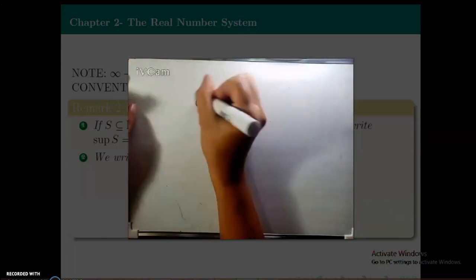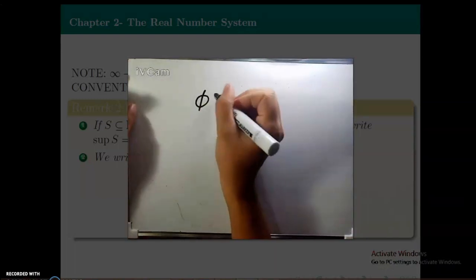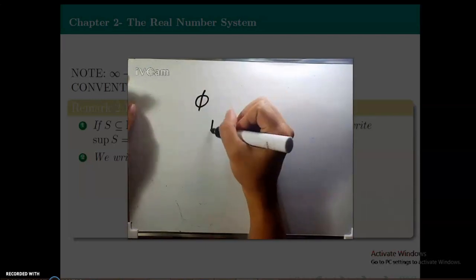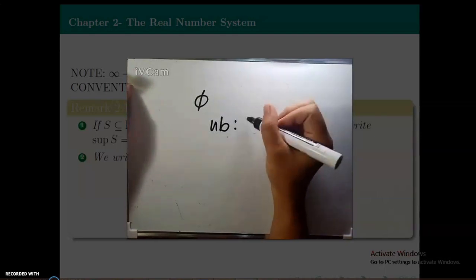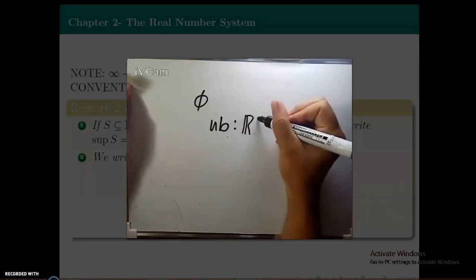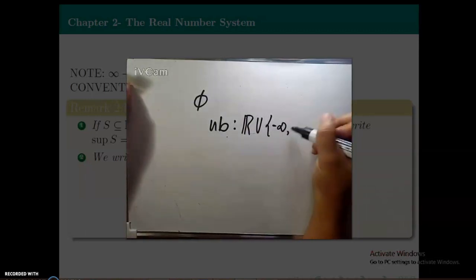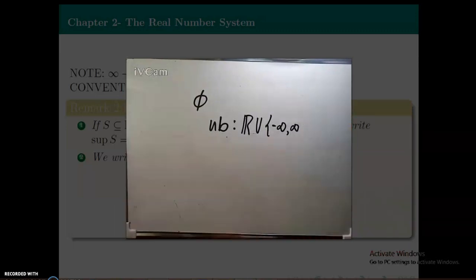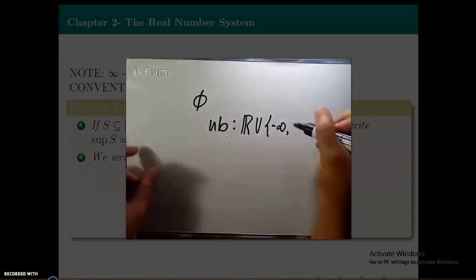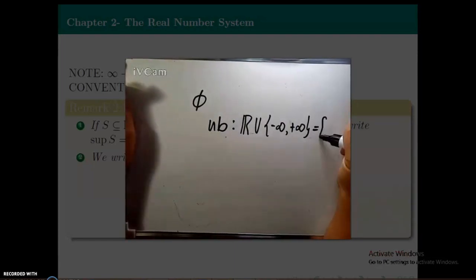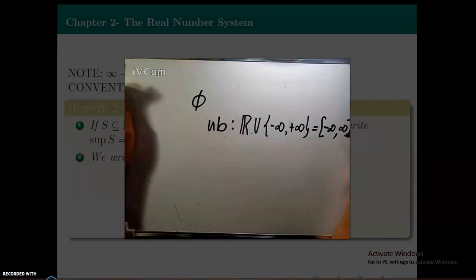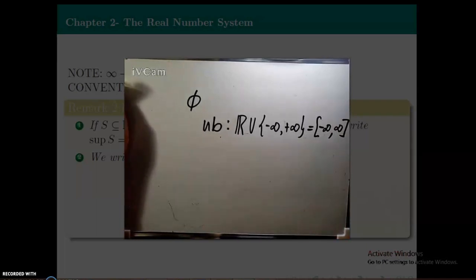That is, the set of upper bounds of the empty set is the set of extended real numbers, that is R union this set, and of course this is equal to the closed interval where negative infinity and positive infinity are included.